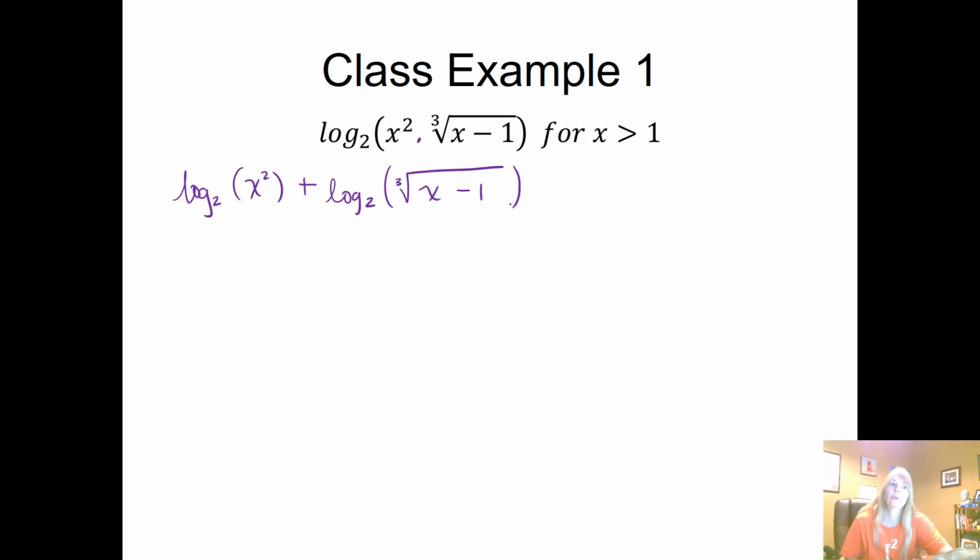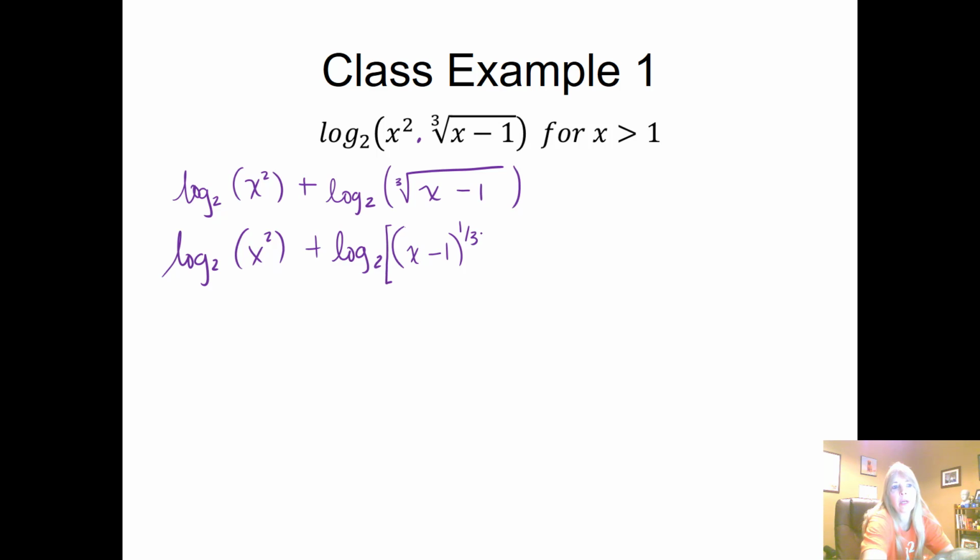Now what we like to do is change all of them to exponents, meaning that nothing changes here. It's already an exponent: 2, plus log base 2. But remember that the cube root is the same as the 1/3 power, okay? And then I do my log of a power, which is the product of the log.